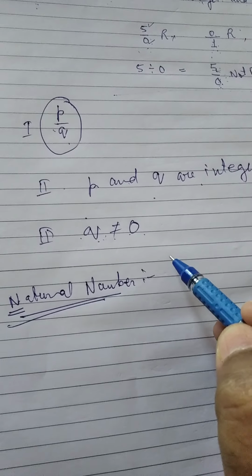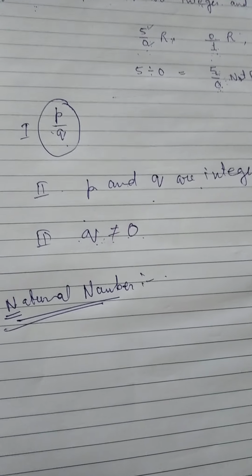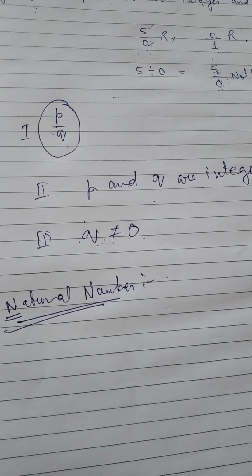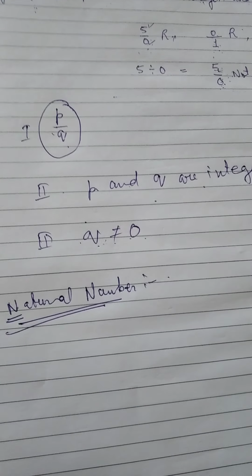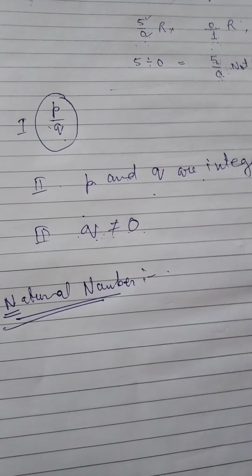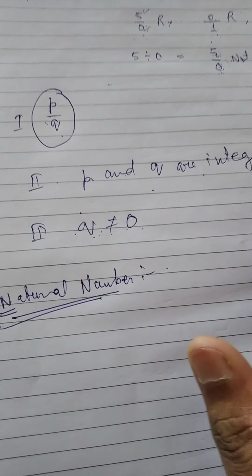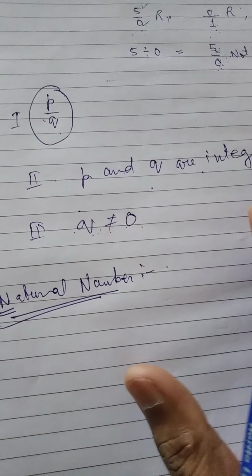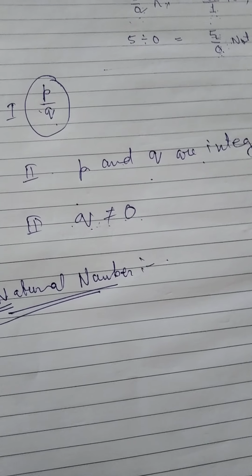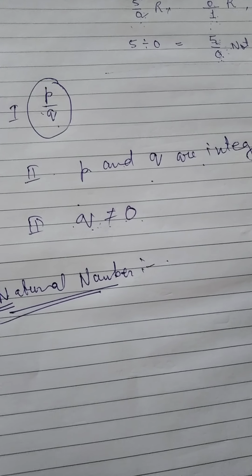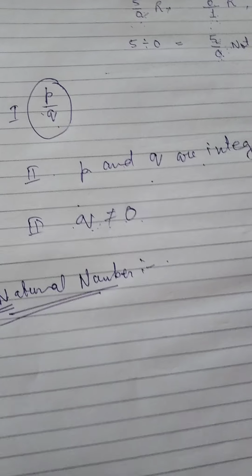So what is a natural number? All counting numbers are natural numbers. Suppose I am telling you in the class, or in the room at your home, to count the number of fans. Very easily you can count 1, 2, 3, 4 like this.